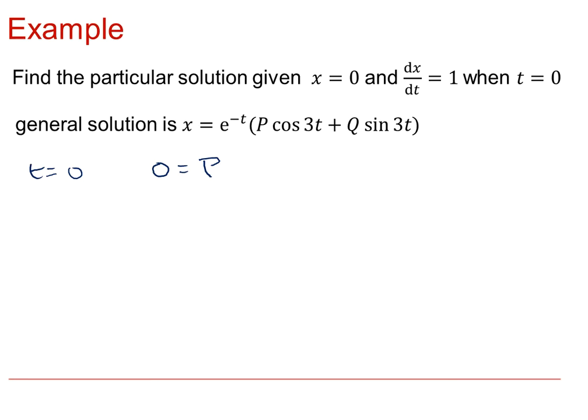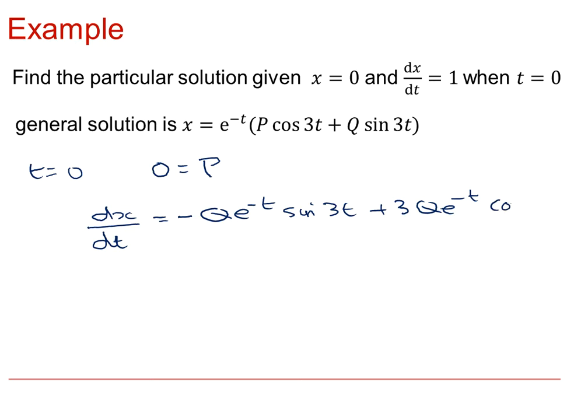Considering then dx by dt, we know that p is 0, so we're just going to differentiate e to the minus t times q sine 3t, and that would give us minus q e to the minus t sine 3t plus 3q e to the minus t cos 3t.